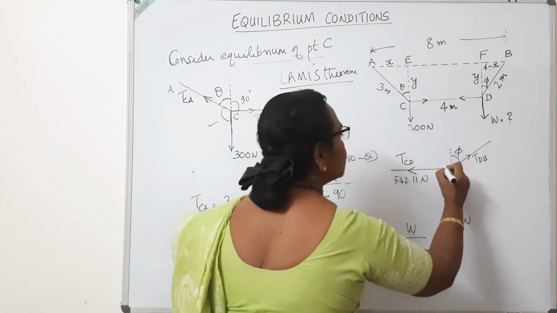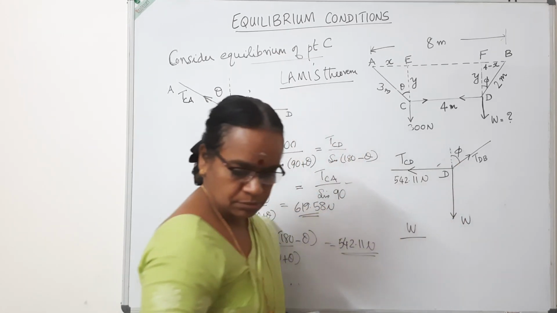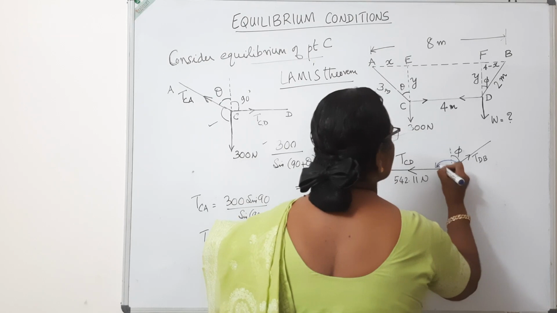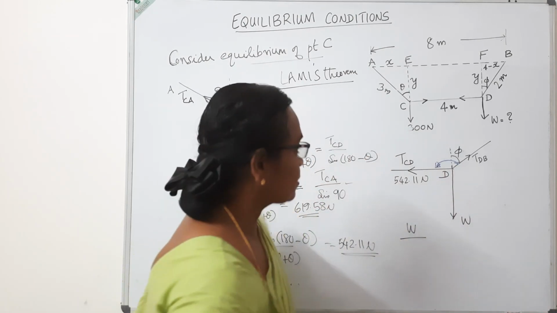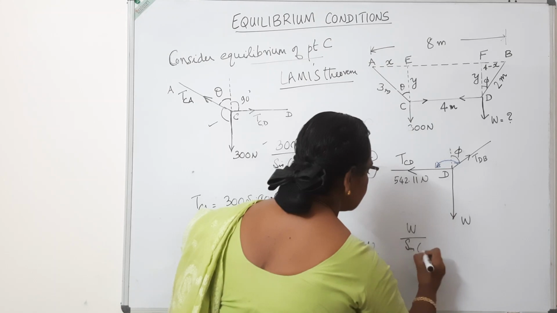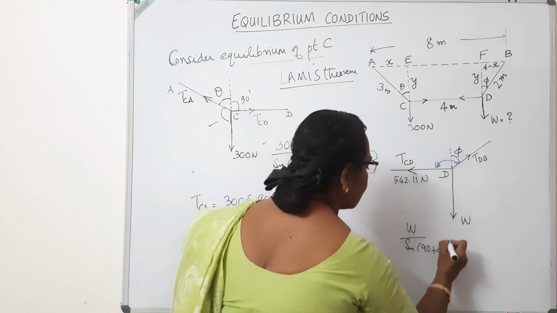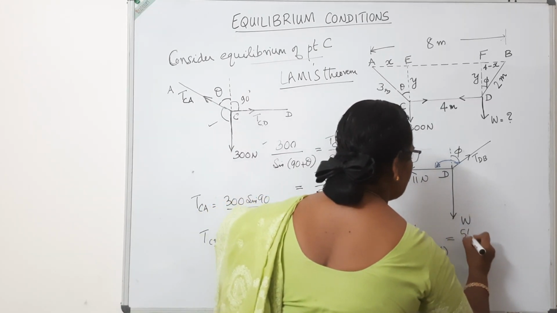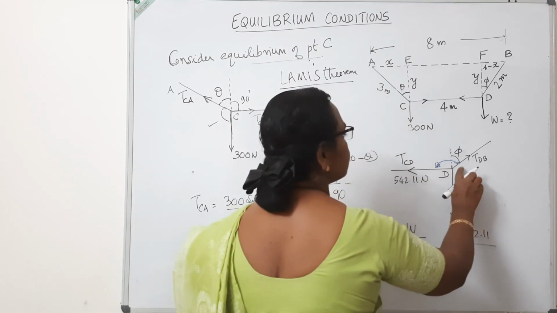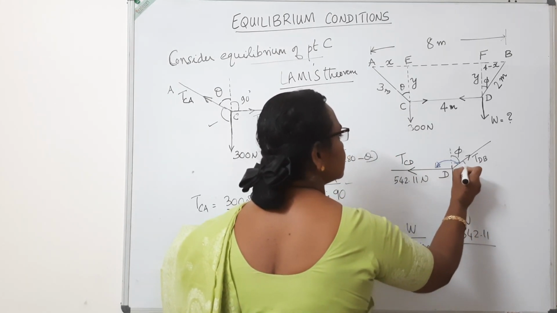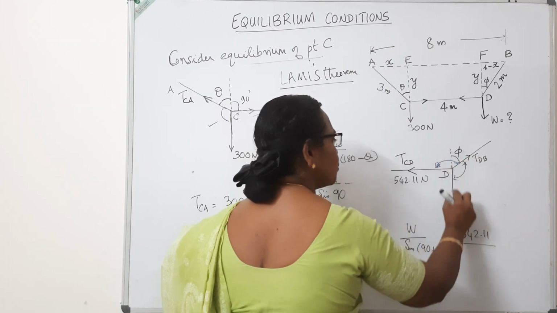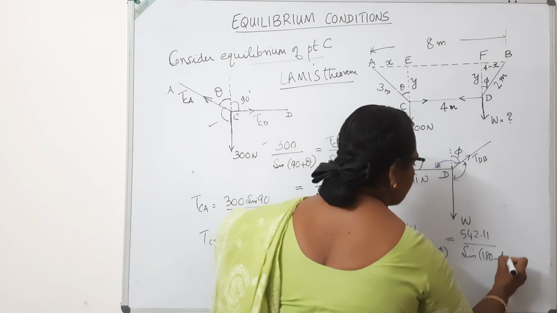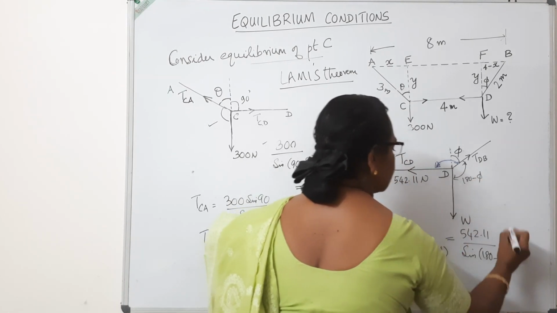W divided by sine of the angle between the other two, that is 90 plus 5, is equal to 542.11, TCD, divided by sine of the angle between the other two. This is 5, and this is totally 180, so this is 180 minus 5.